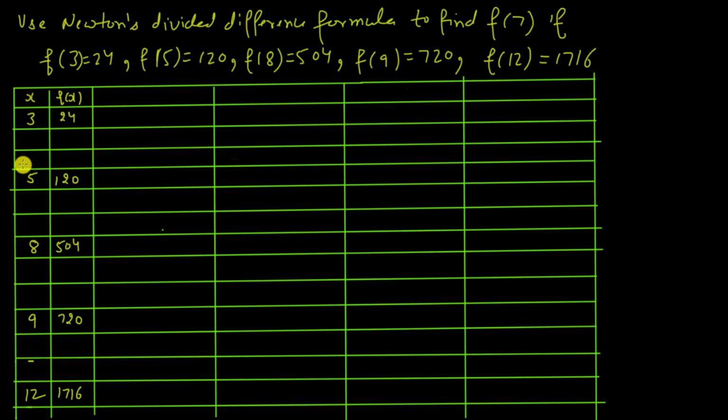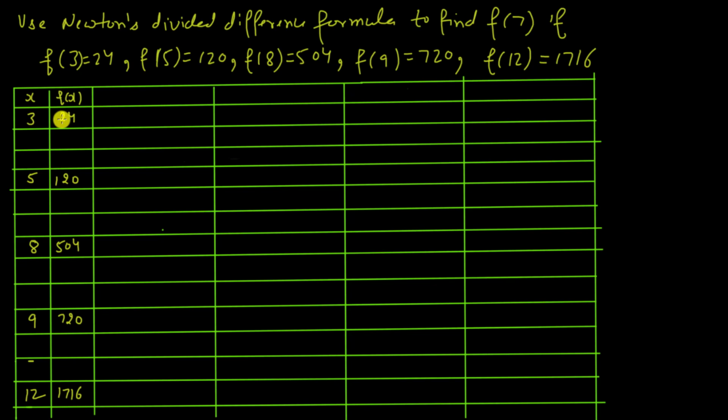In the forward difference table in Newton forward and Newton backward interpolation, we left only 1 box blank. Now we are leaving 2 boxes blank. I am intentionally doing it, and you will also do something like that. In your copies you will leave 2 lines blank, and then we'll write 5. Again you will leave 2 lines blank, and then write the next arguments.